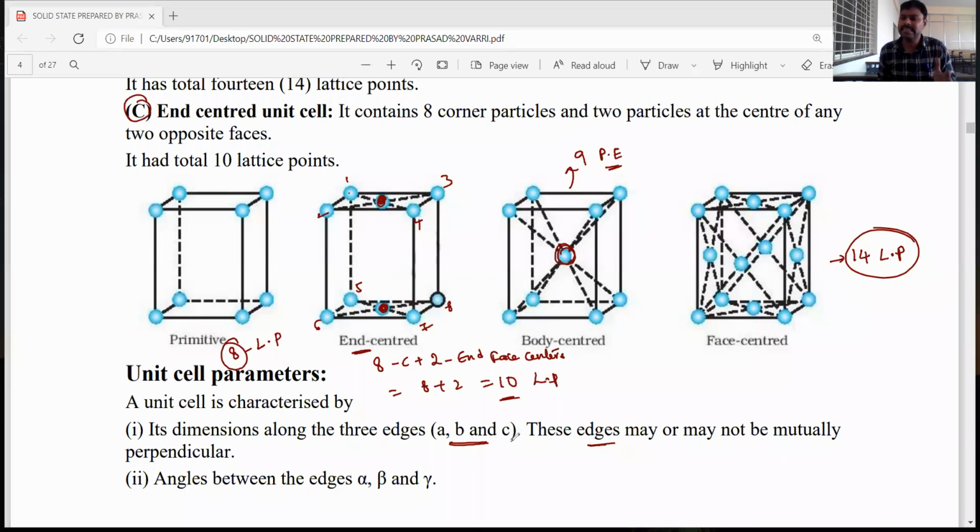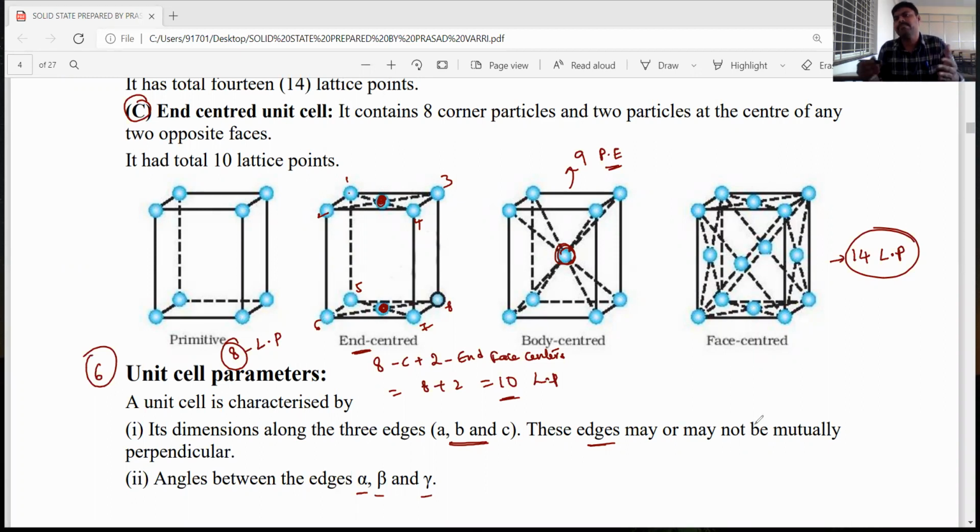One is 3 edges, and between any 2 edges the angle they make gives 3 types of angles, represented as alpha, beta, and gamma. So total 6 parameters are present. A unit cell is characterized by its dimensions along the 3 edges. The edges may or may not be mutually perpendicular.